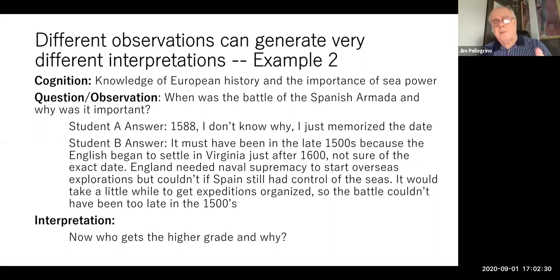Now, in giving this answer, this student demonstrates a much deeper understanding about European history and the role of sea power and how that impacted a number of things, and the role of the Spanish Armada with respect to England gaining dominance at sea, which allows them to engage in extensive colonization, including to the New World.